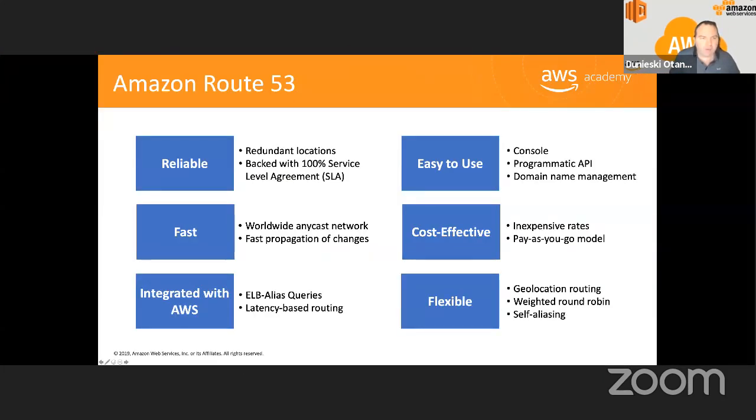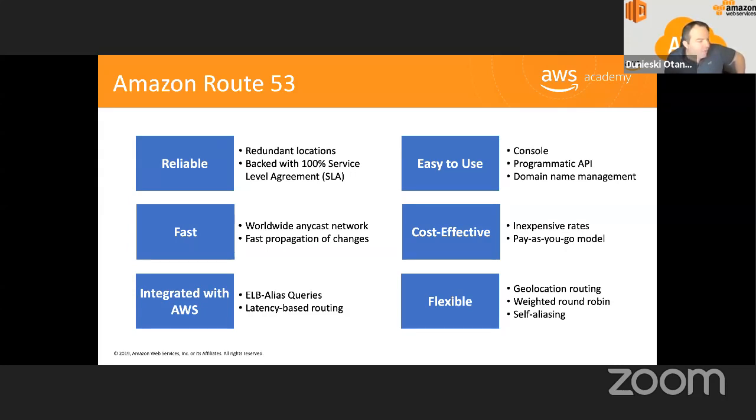So Amazon Route 53 is reliable because it's redundant. It has redundant locations. It's backed with a 100% service level agreement. You know the meaning of that? It means that it is a 100% guarantee. Other services have an 11.9 service agreement.